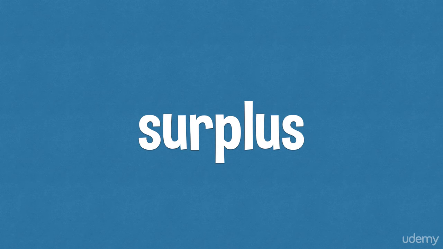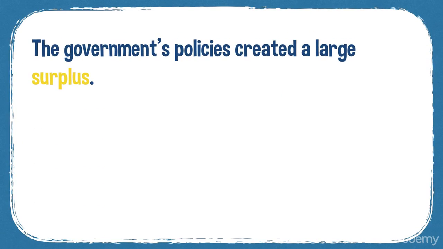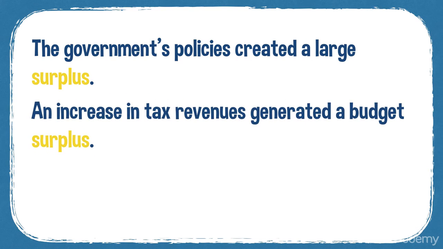So it's got lots of spare money, extra resources. The government's policies created a large surplus. So maybe it cut spending or increased taxes. An increase in tax revenues generated a budget surplus.